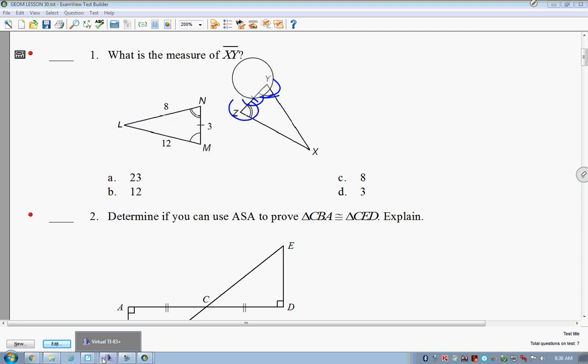Okay. All right. So because these two triangles are congruent, that means their corresponding parts are congruent. All right, so we want to know what is the length of XY. We want to know what is that length right there. Okay, well, I'm going to look at XY, and I'm going to look for common traits. So looking at angle Y here, right? Well, what does angle Y correspond to on triangle LMN?